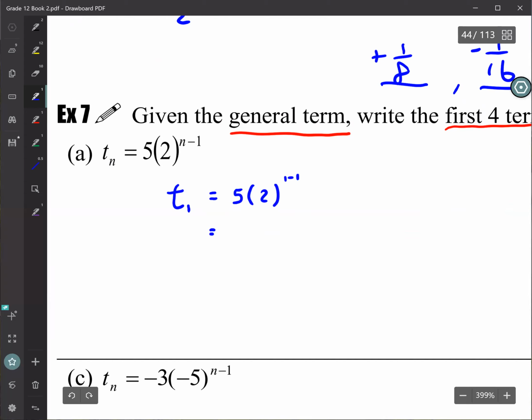Now the exponent of 0, I'm just going to write 0 there. Exponent of 0 only affects the 2, so it doesn't make the whole thing into 1. It'll be 5 times 1, so equal to 5. Let me write it on the side instead.